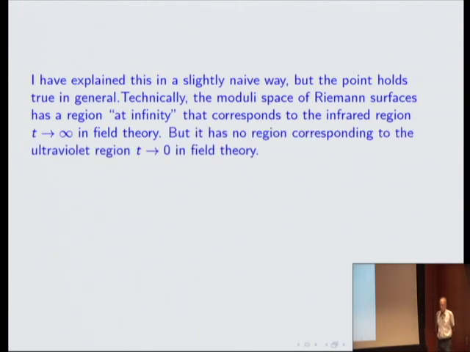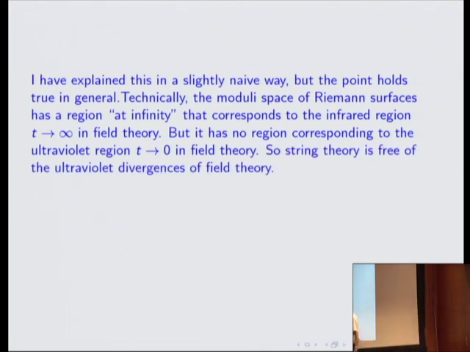But it has no region that corresponds to the ultraviolet region in field theory. So there are no ultraviolet divergences because there's no ultraviolet region. The question, how well does the integral converge in the ultraviolet, doesn't make sense. There's no ultraviolet. And thus, string theory is free of the ultraviolet divergences of field theory.